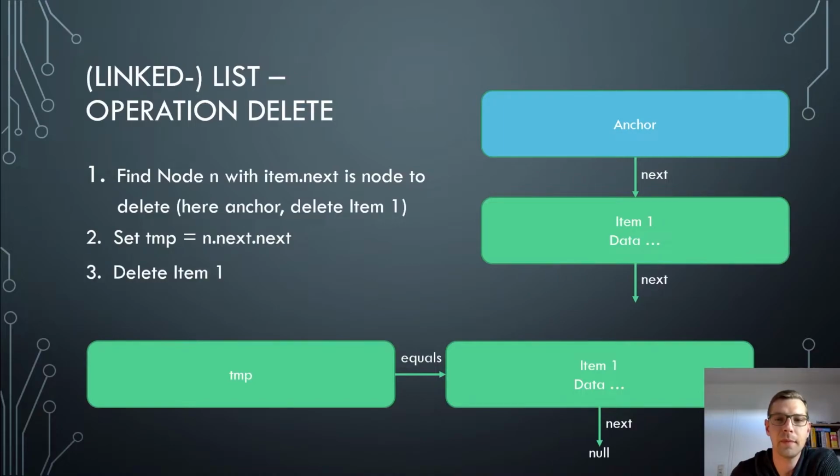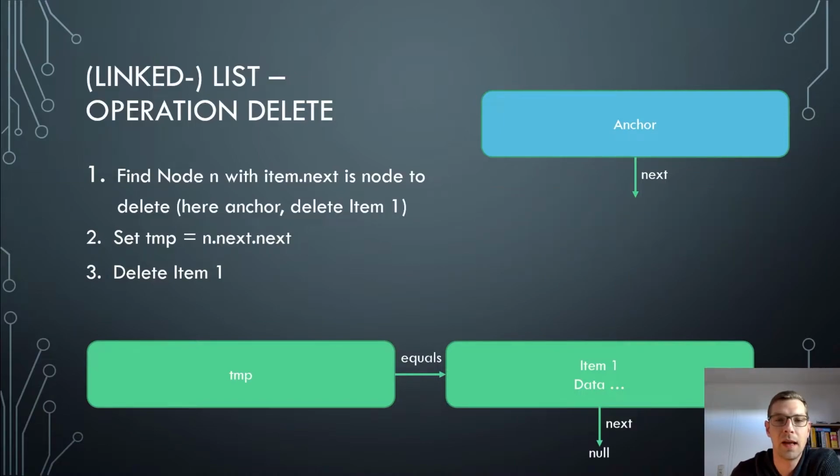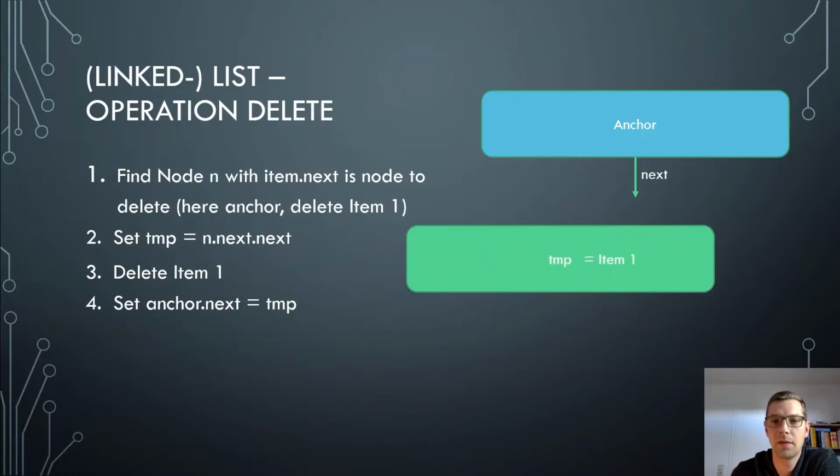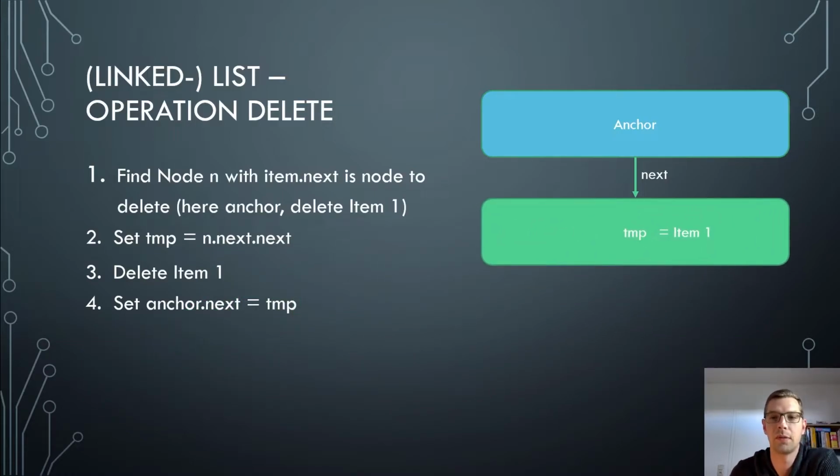So now we can delete item 1 because our list is not relying on it anymore. And in the next step we set anchor.next to our temporary variable. So we connect the list again, and we could say our temporary variable is like our item 1 now. And like this we deleted the element.